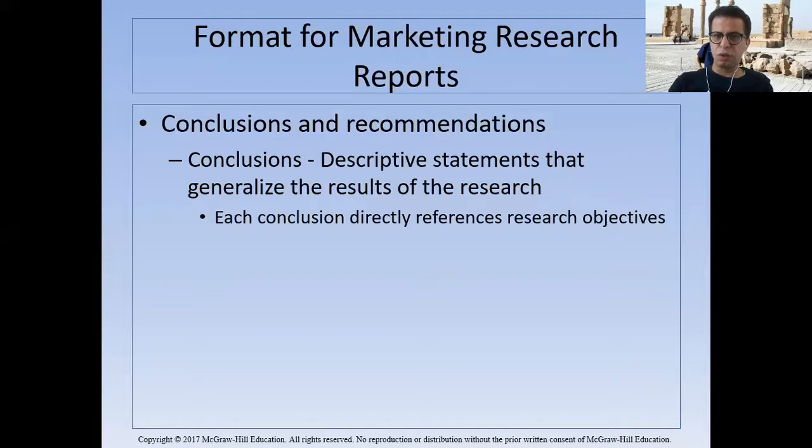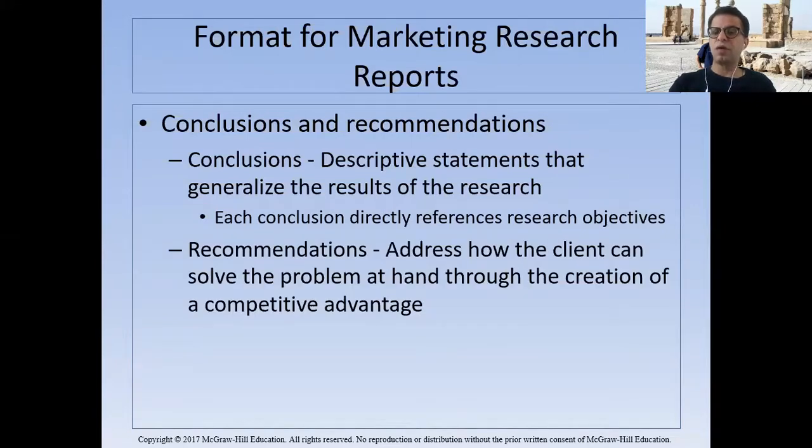Each conclusion directly references a research objective, and in the recommendation you address how the client can solve the problem, because now you're at a stage of understanding the market better, so you can make a recommendation on how a management might solve the problem.